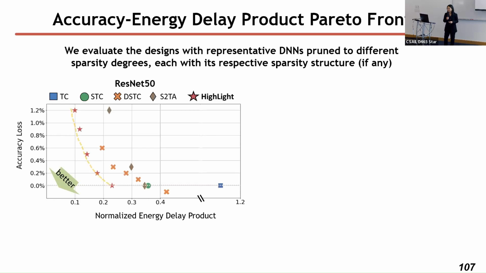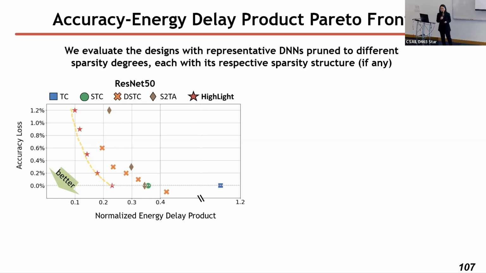If we look at the designs' performance in terms of accuracy loss and hardware efficiency, the HighLight design is always sitting on the Pareto frontier. That means with actual DNN models, it is always able to provide a good trade-off between accuracy and hardware efficiency. Does this answer your question?